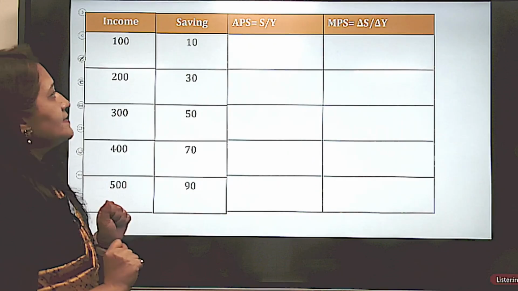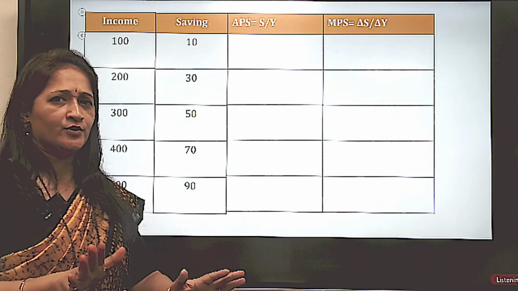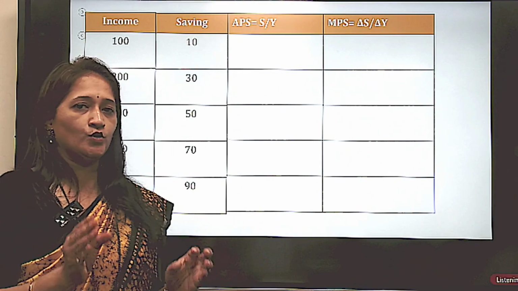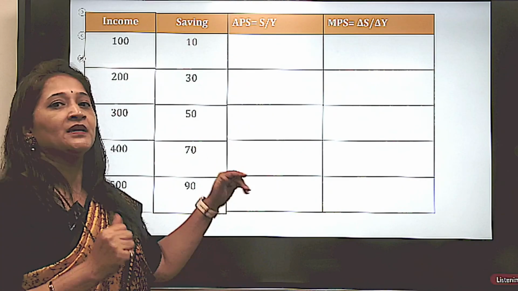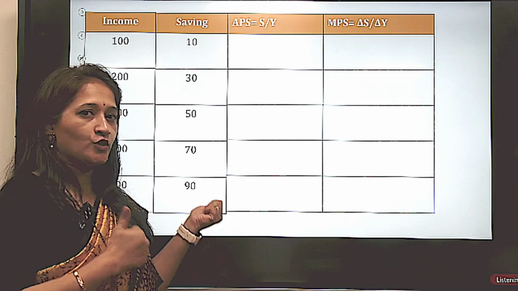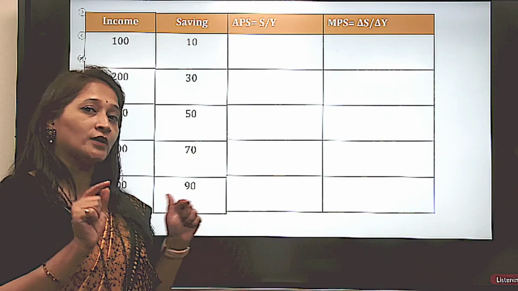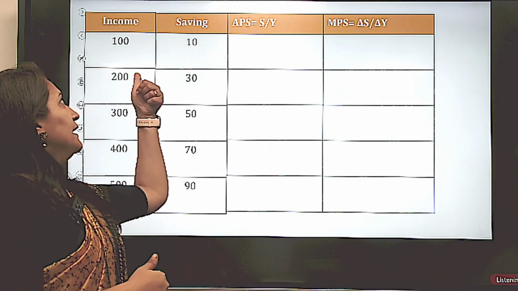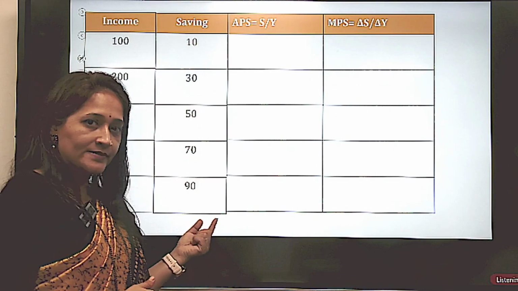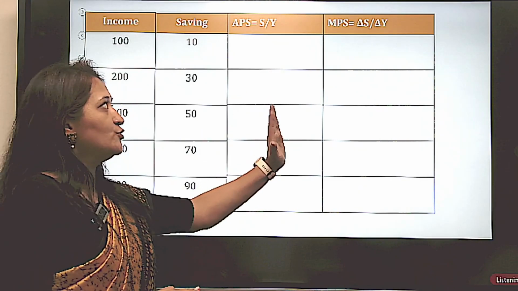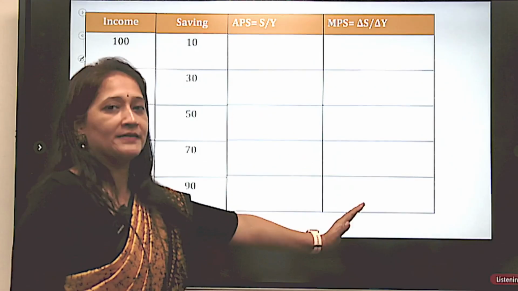Yes, let's now solve the same pattern, the same methodology, which you're going to use for savings. There we calculate average propensity to consume and marginal propensity to consume. Now with data on income and savings, we'll calculate average propensity to save and marginal propensity to save.